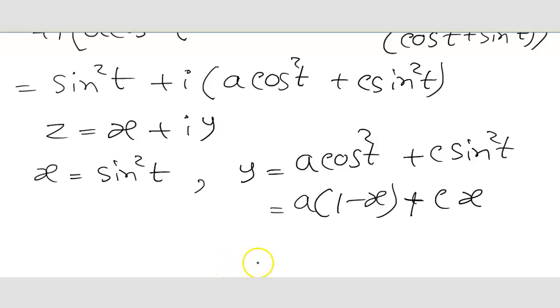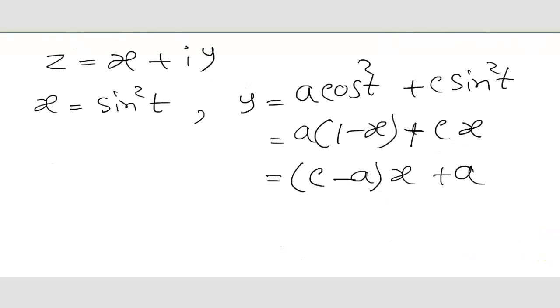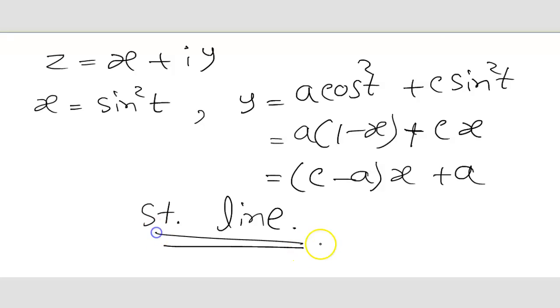Obviously you know what type of equation this represents, right? So it will become something like this, and yes, it is the equation of a straight line, which is what we had to find in the question.